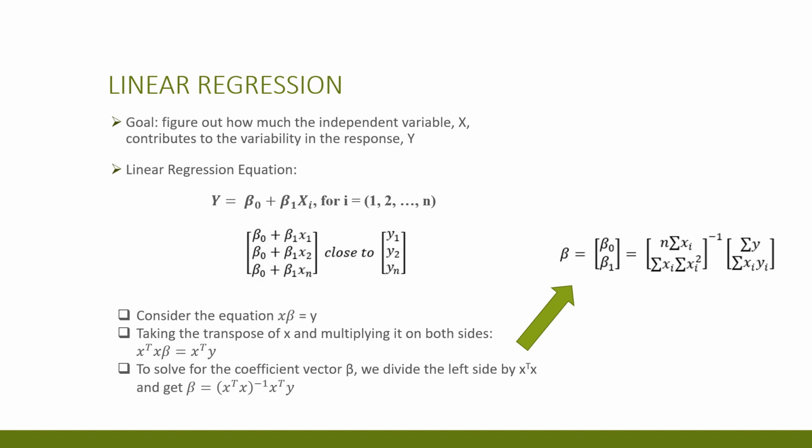To solve for the coefficient vector beta, we divide the left side by x transpose x and get beta equals x transpose x inverse times x transpose y, which is equivalent to the beta vector b sub 0, b sub 1, which contains the beta coefficients that we're looking for. And then we can use any value of x that we want and be able to predict the corresponding y value, even if it wasn't in the original data set, with as much precision as possible.